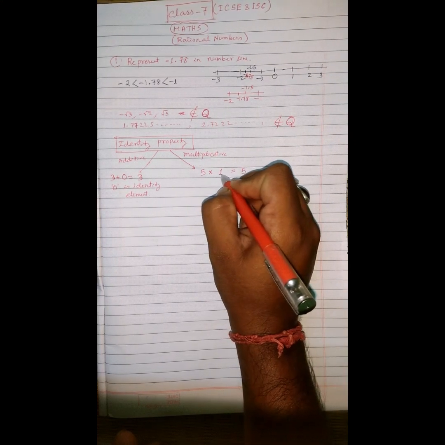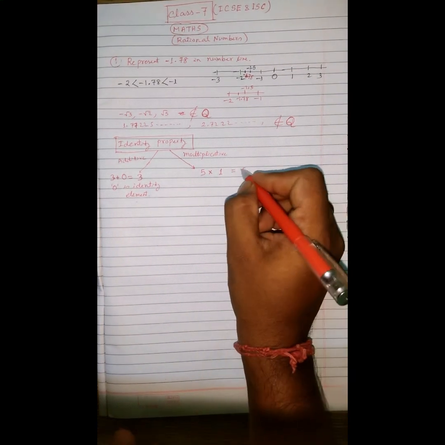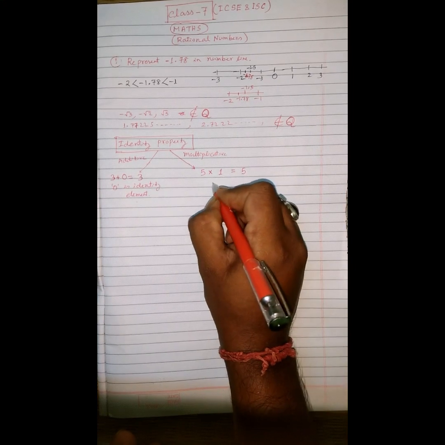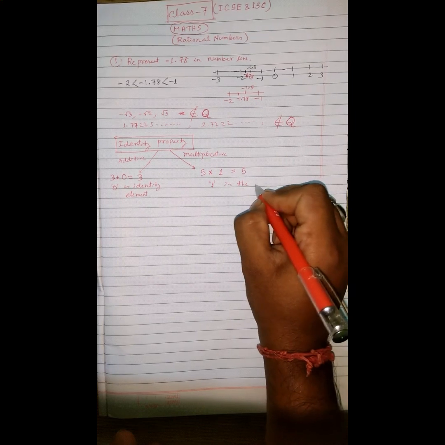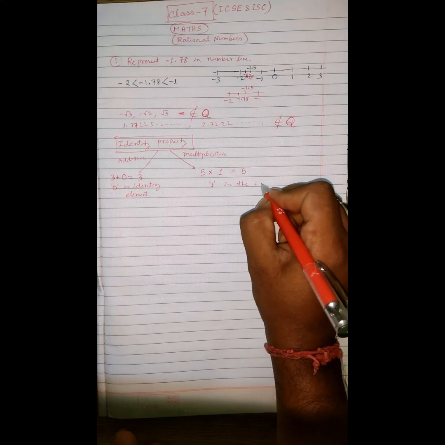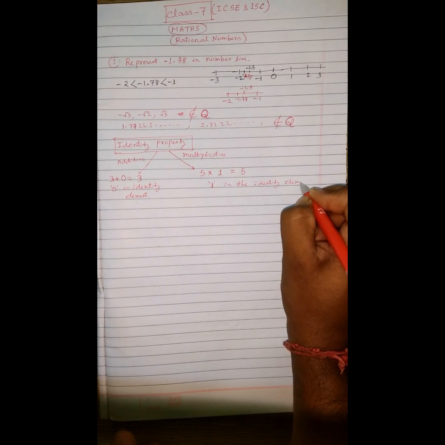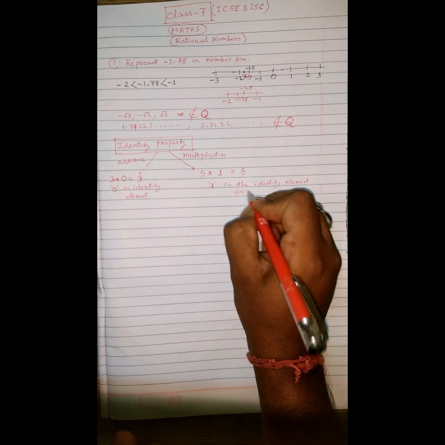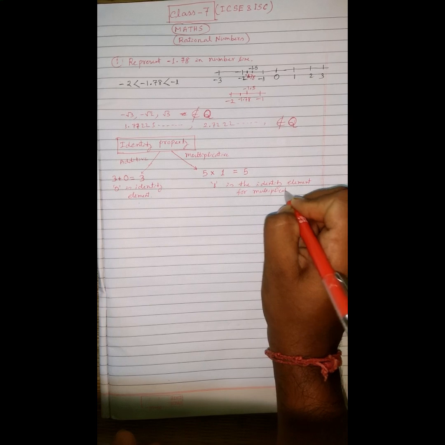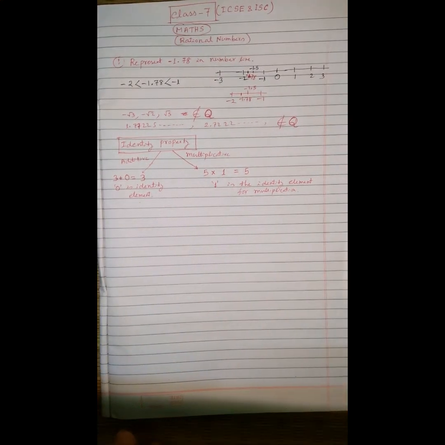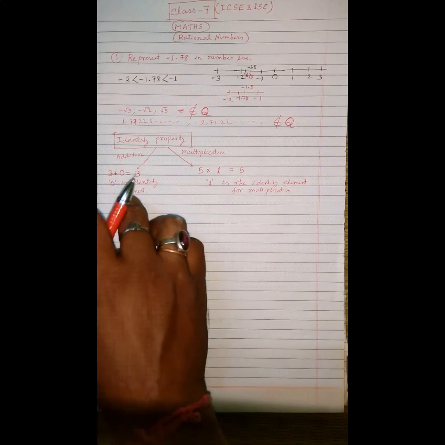If we multiply any element by 1, that number will come. So we can say that 1 is the identity element for multiplication, and 0 is the identity element for addition.